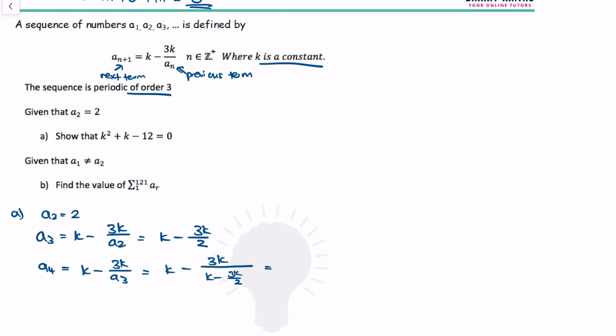Now I need to simplify this. If I write the first term over the same denominator, I end up getting 2k minus 3k over 2, which gives me 3k over minus k over 2, which is the same thing as 3k times 2 over minus k.